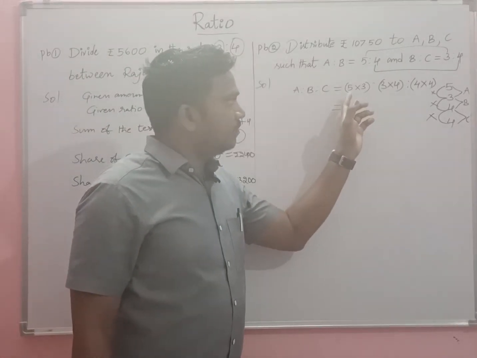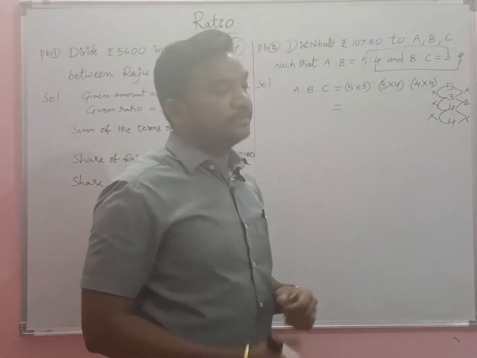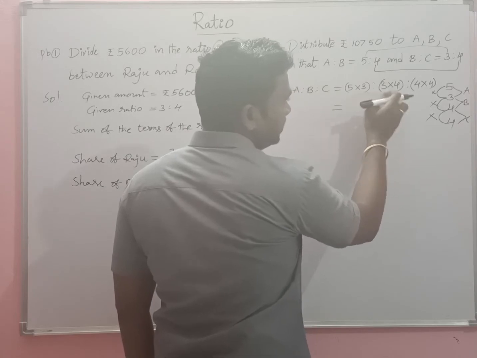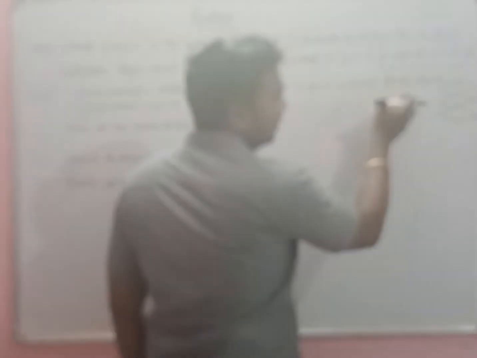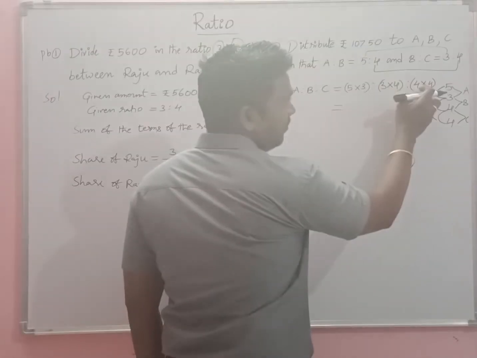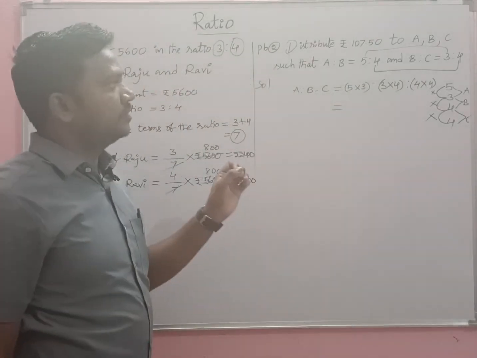So observe here, is there any common factor between these three numbers? In the first two numbers, 3 is the common factor, but 3 is not present in the last number. In the last two numbers, 4 is the common factor, but 4 is not present in the first number.